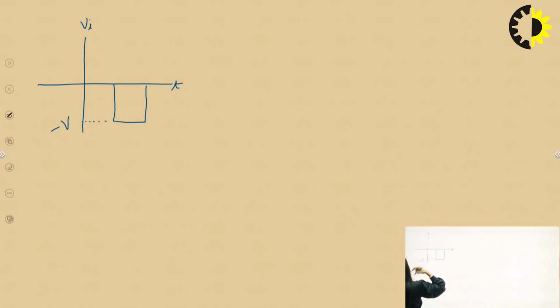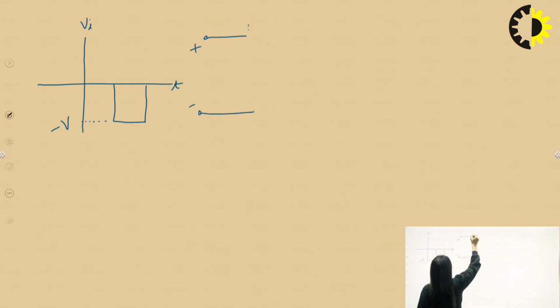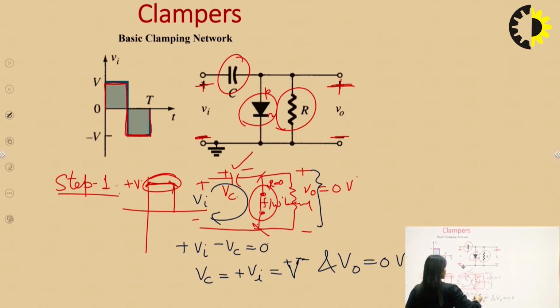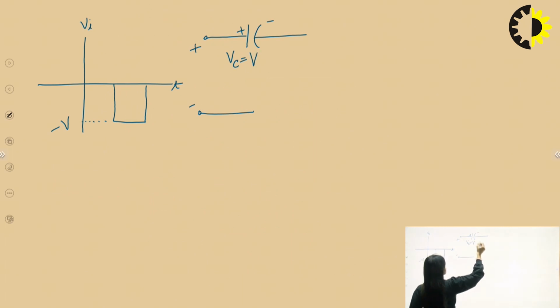Minus V. Sign conventions, make it the same. VC we have calculated, V. Diode is open circuit in this case.